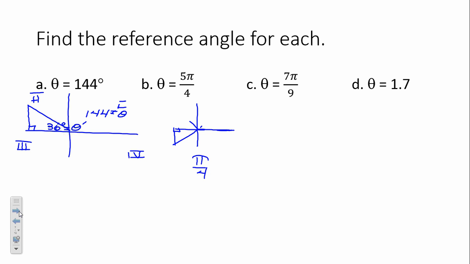When I counted them out, I was here. Okay, so I have to take off pi. I take 5 pi over 4, and I take away a pi, which is 4 pi over 4, to get pi over 4 radians.